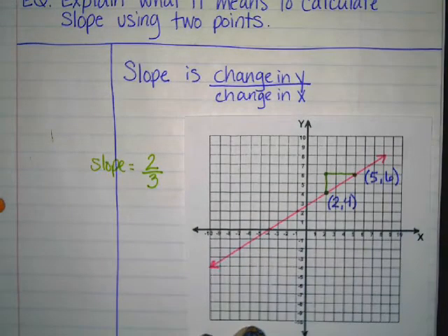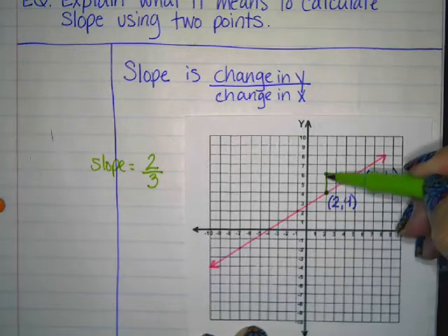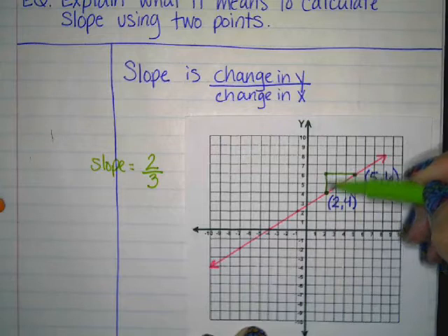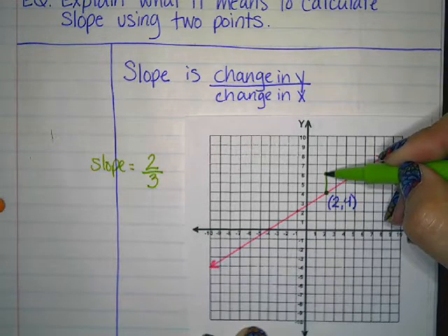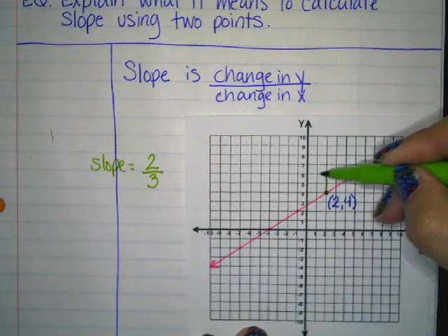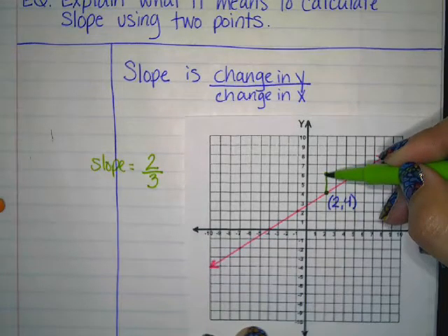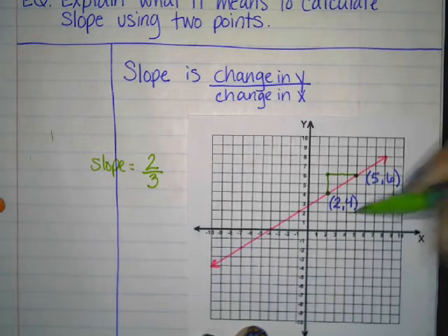But if we were not given a graph, another way to find the distance of our slope triangle, the amount here that was 2, the change in y, we could take the tallest point of our slope triangle, where the y value would be 6, and subtract the y value from the first point on the line, which was 4.